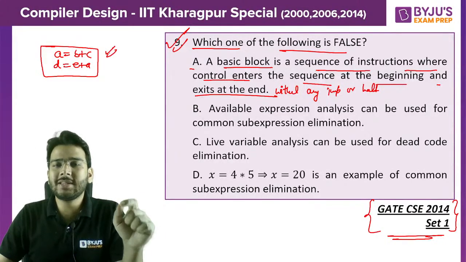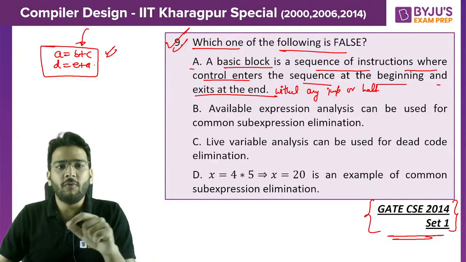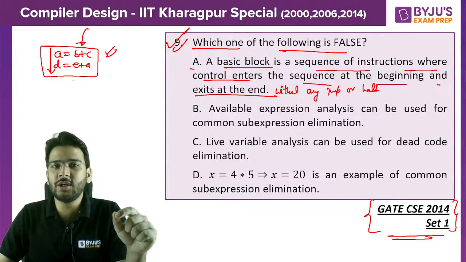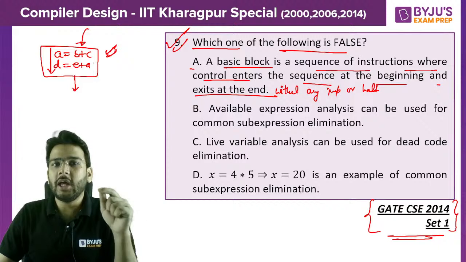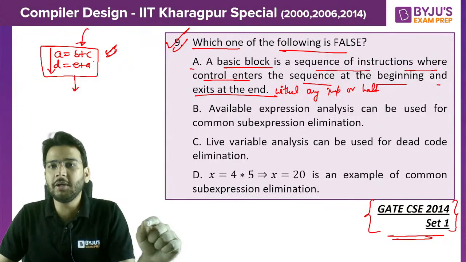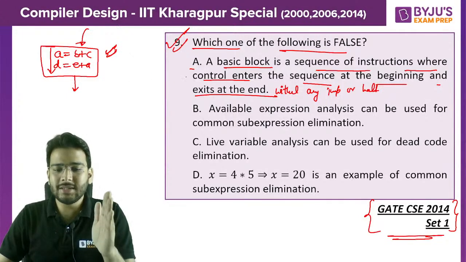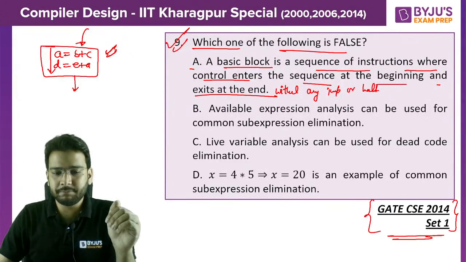If I'm calling this a basic block, that means the execution will start from here without any jump or halt. You are going to execute all the statements sequentially and then exit. This is your basic block. If you have any jump or halt here, that is not your basic block. So this is the correct answer. Is it clear to all of you?